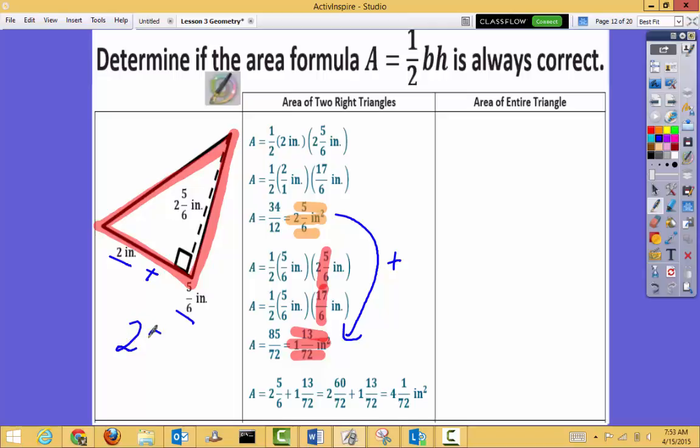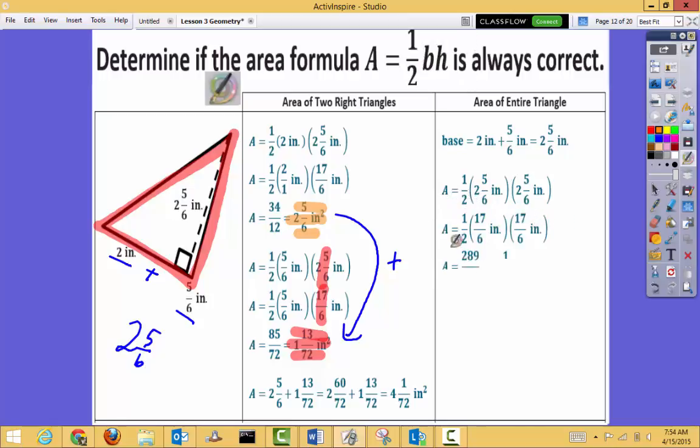So it's 2 and 5/6 for my base. Okay, now what do I do? It is base times height. So I put those numbers in, and I multiply them. And look, when I multiply them, I get a mixed number at the end that matches my mixed number over here. 4 and 1/72 inches squared.